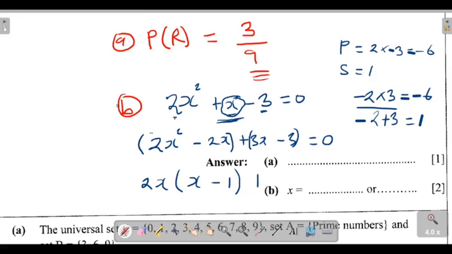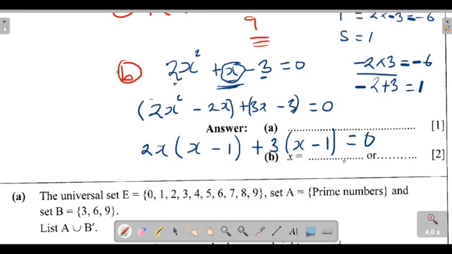You close, plus, for the second pair you have 3x minus 3. What is common is 3. Open bracket, 3 into 3x, you just remain with x, minus 3 into 3, 1. Then equal to 0. I hope that you are following.